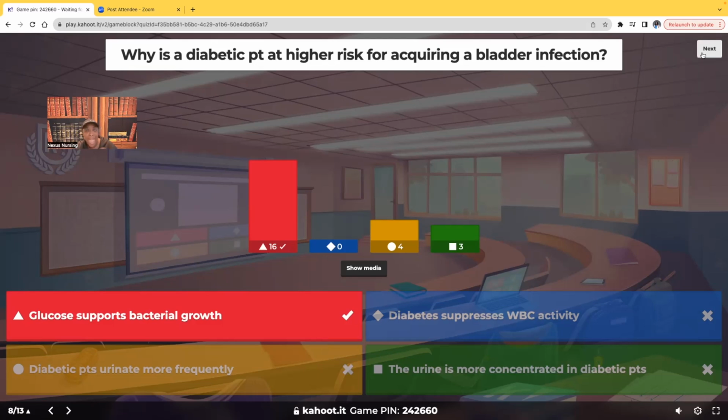That's number one. And then number two, and this is not true, I'm just saying if the diabetic patient were to urinate more frequently than anyone else, guess what? It would have the opposite effect, because the more that you empty your bladder, the lower is your risk for having a urinary tract infection.